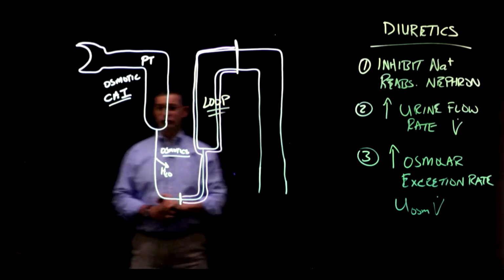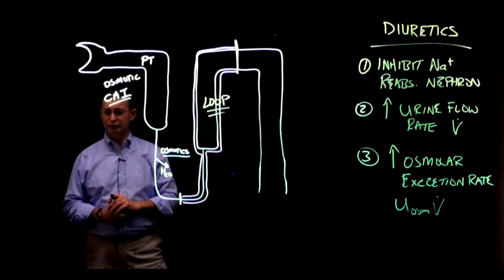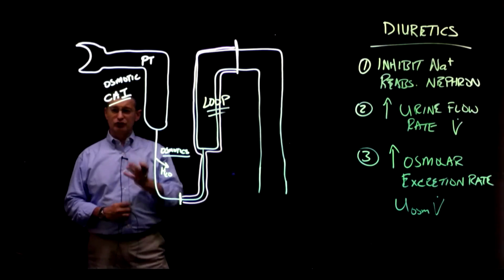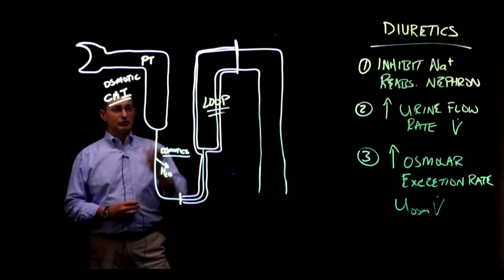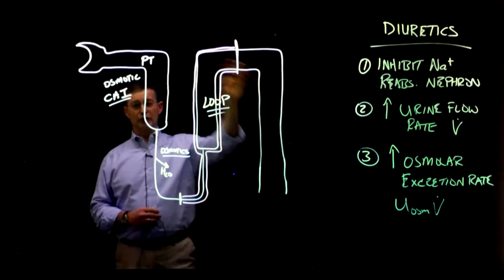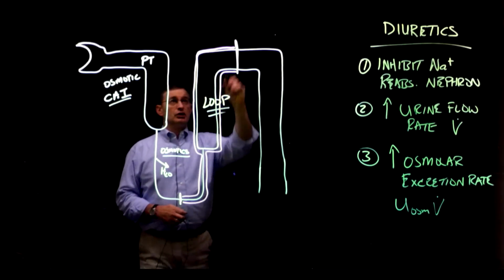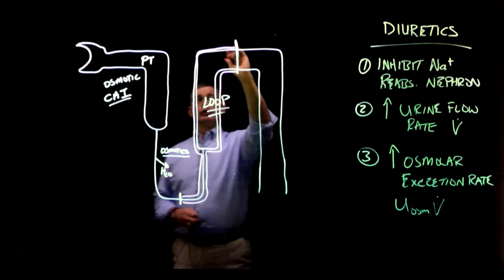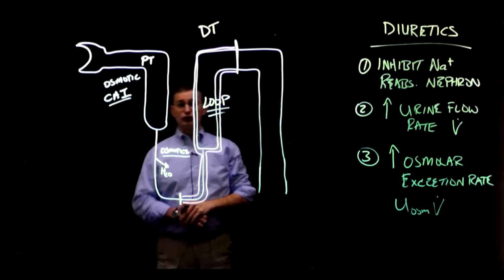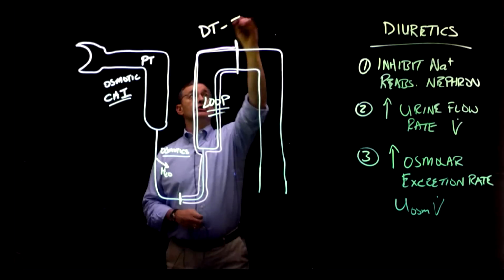Loop diuretics block that triple transport sodium, potassium, 2-chloride symporter in the apical membrane and leave more solute in the lumen so that less sodium is being reabsorbed in the loop and makes its way to more distal segments of the nephron. The next phase of the nephron is the distal tubule, and the distal tubule diuretics include thiazides.